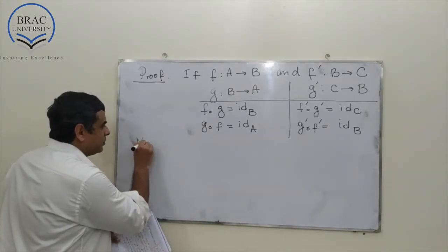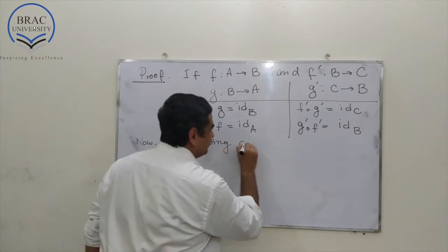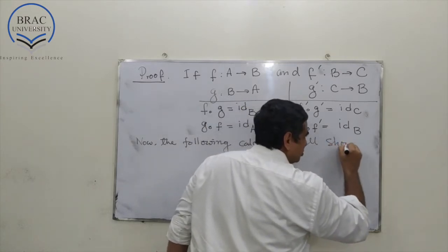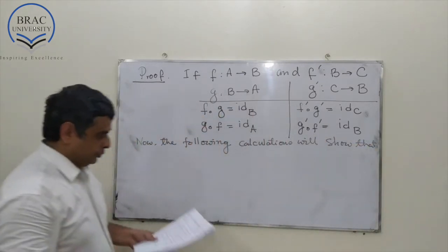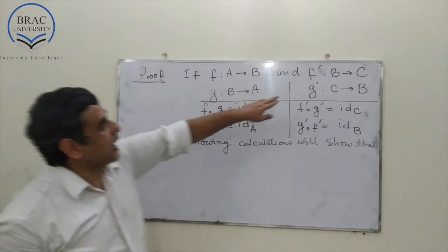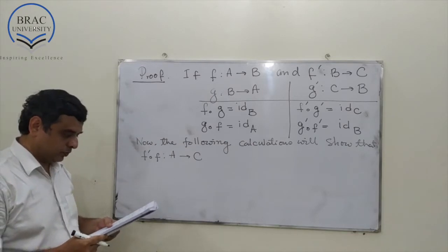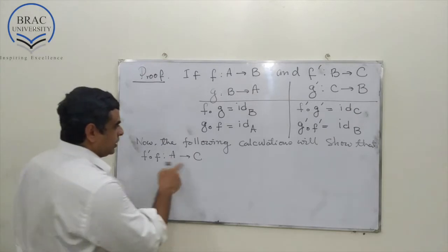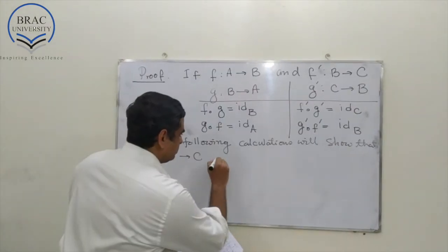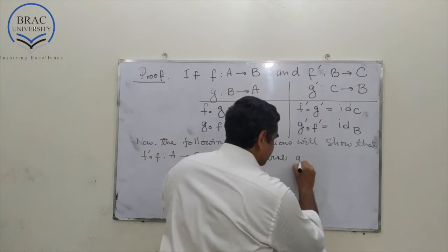Now, the following calculations will show that F prime composed with F, which is a map from the set A to C, is the required isomorphism, the inverse of which is given by G composed with G prime.